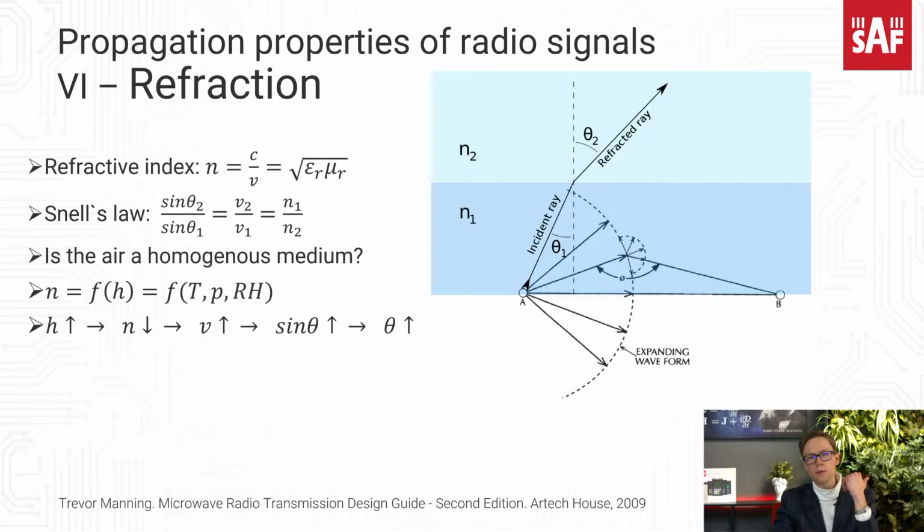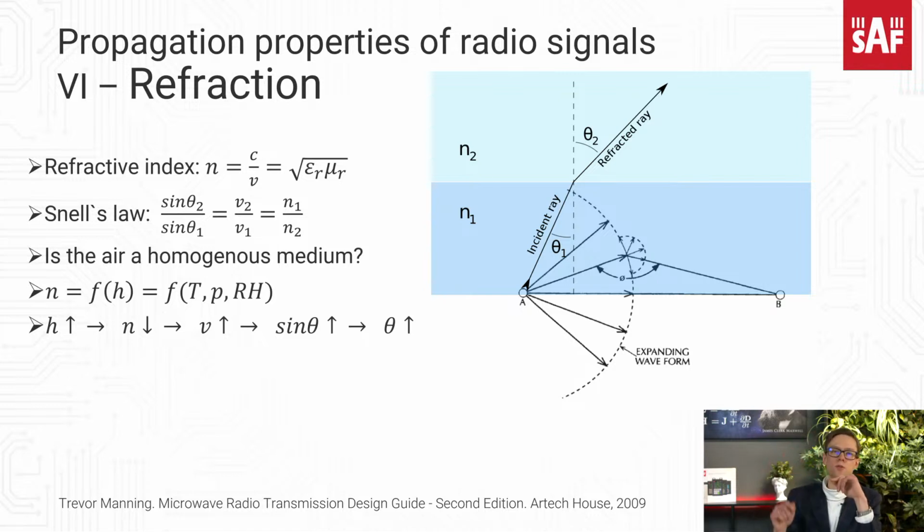We can visualize it like this. And this is going to increase our refractive angle. What does it mean? That means the wave is going to bend down. So every part of the wavefront is going to bend down a little bit.